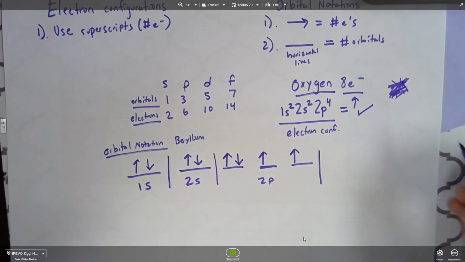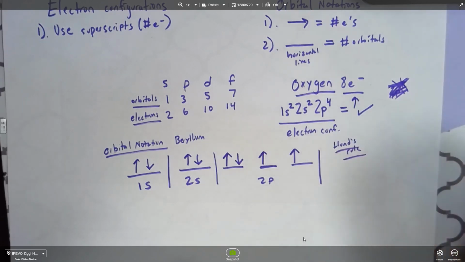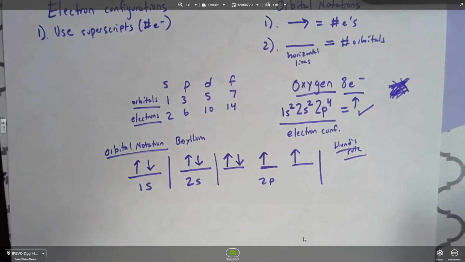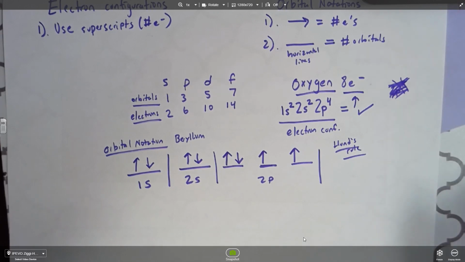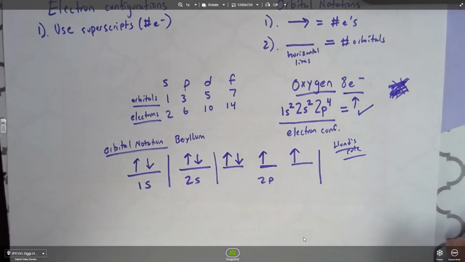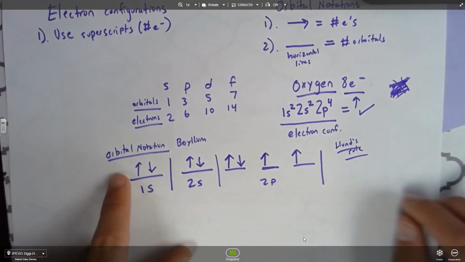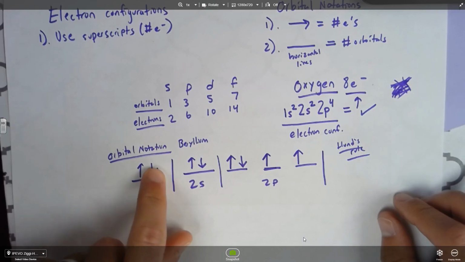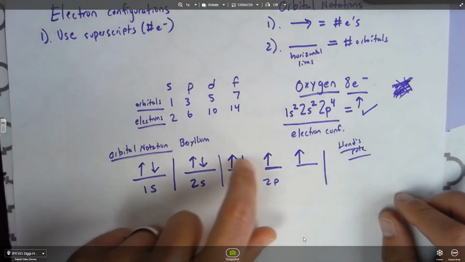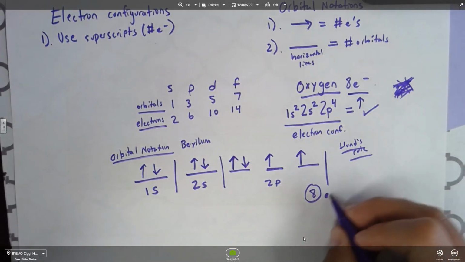It's called Hund's rule, okay? So if we haven't got to that, we will get to it. But anyways, that is the rule we must follow when filling out these orbitals. So if you add up the number of electrons, or arrows, I guess, 1, 2, 3, 4, 5, 6, 7, 8. Okay, 8 arrows, 8 electrons.